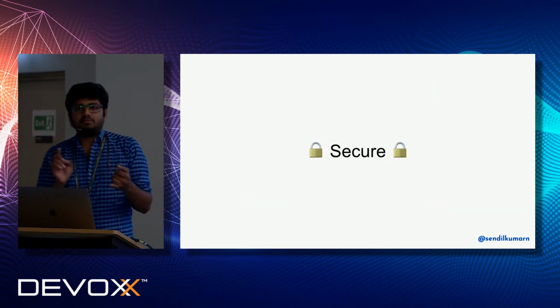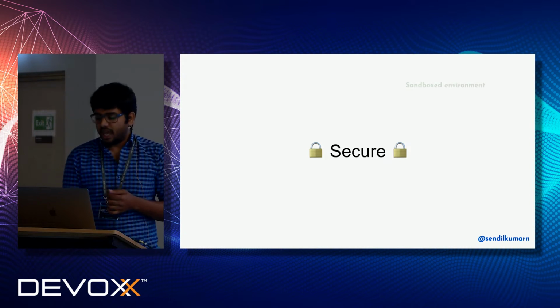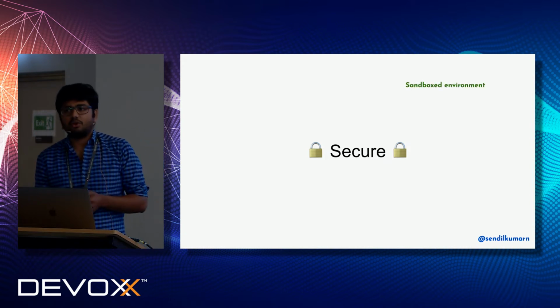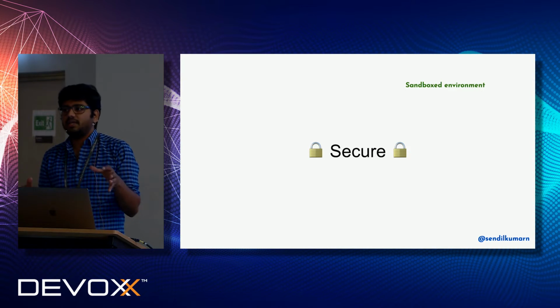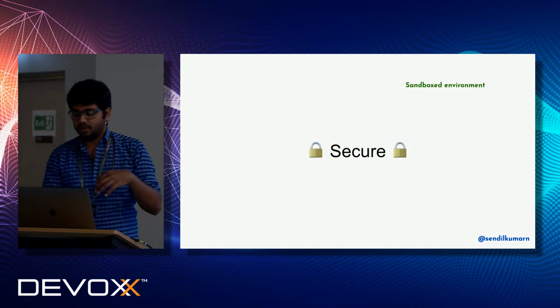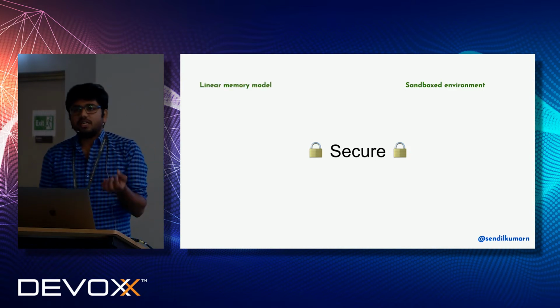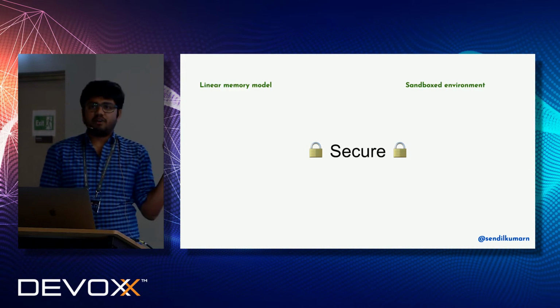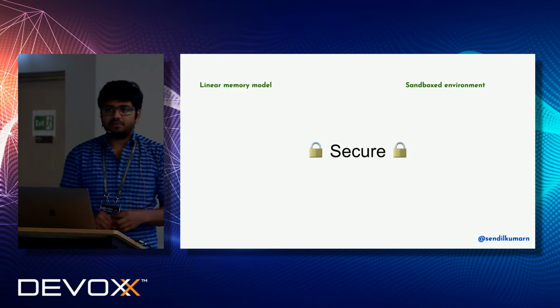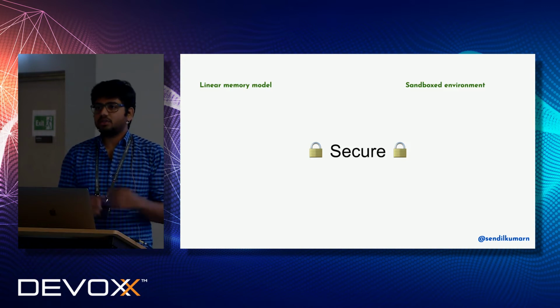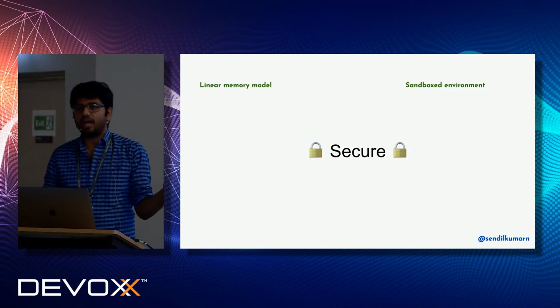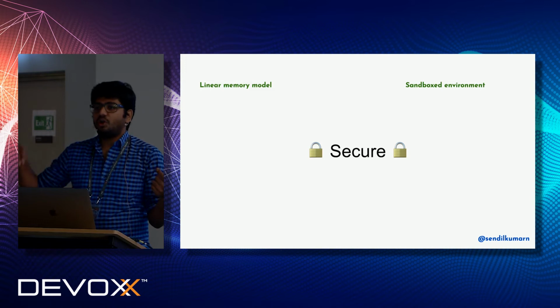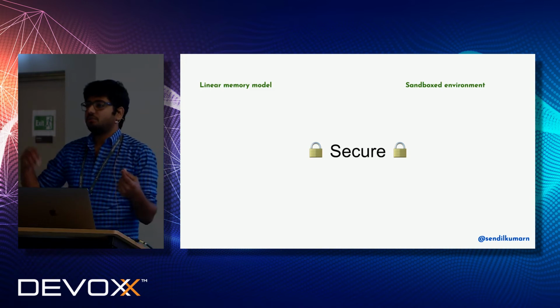And again, WebAssembly is also secure, because everything runs inside a sandboxed environment. Whatever you run inside of WebAssembly is running inside that sandboxed environment. And it follows a linear memory model. You can say that is an advantage as well as a disadvantage. You have a single long array in which all the data that you need your application to run is positioned.